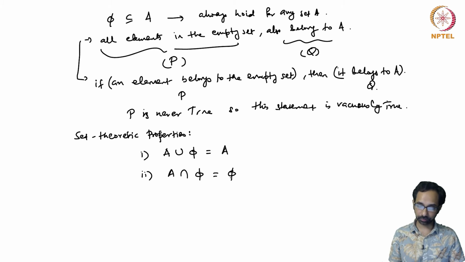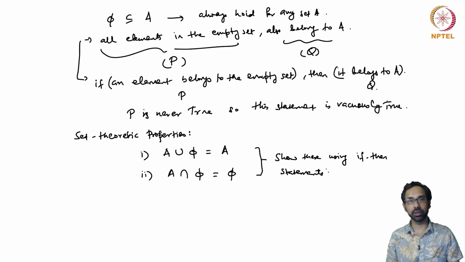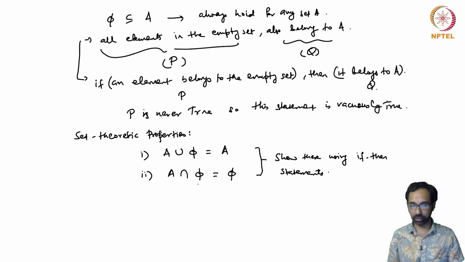Okay, so with the definitions of the union and intersection, try to show these using if-then statements. Okay, and so you will understand where the vacuously true statements play a role in proving these things.